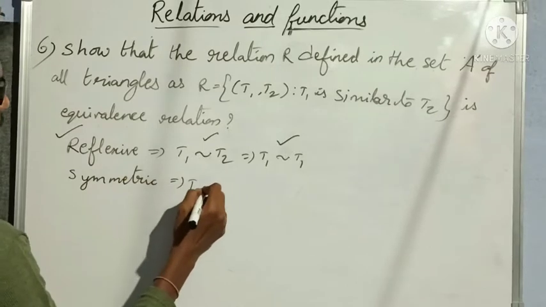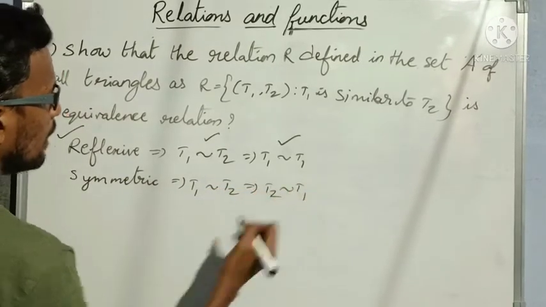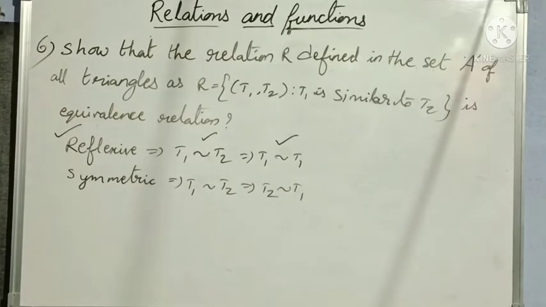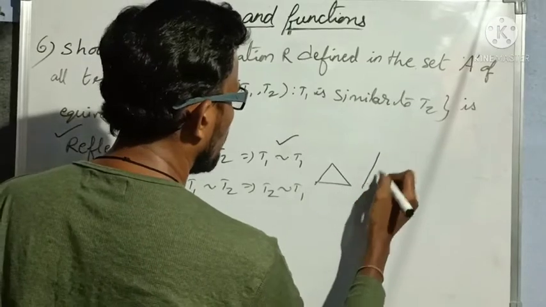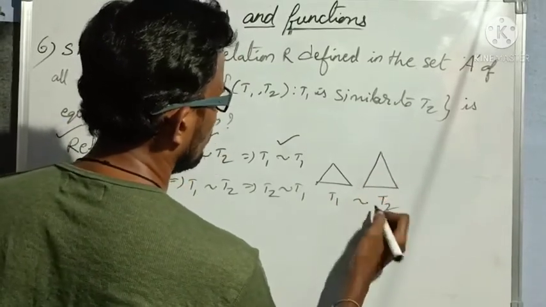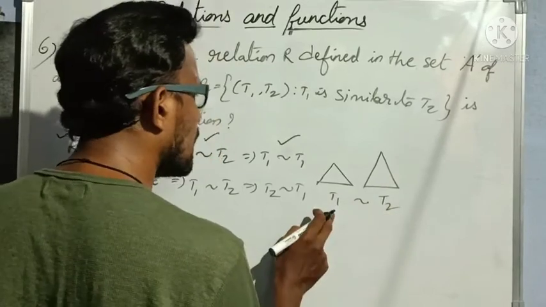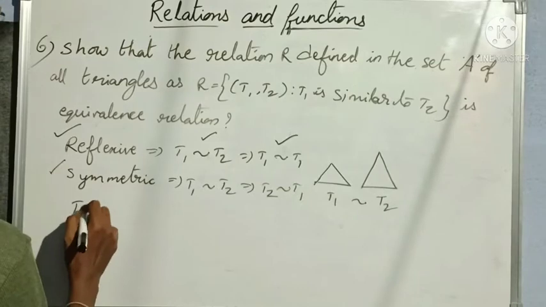Symmetric means T1 similar to T2 implies T2 similar to T1. Correct only, no? When T1 is similar to T2, two triangles T1 and T2 similar. If T1 is similar to T2, then T2 is also similar to T1. Yes. So this is symmetric. Next, transitive.